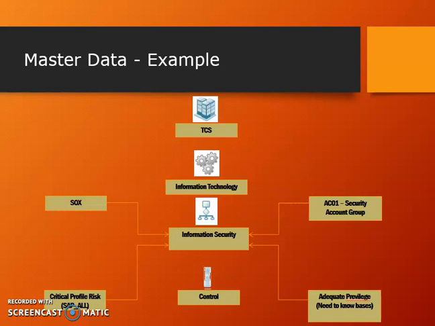If it is a manual control, or if it is an automated control, we can do real-time testing and find out who has this particular excess of SAP_ALL, so that the corresponding action can be taken.